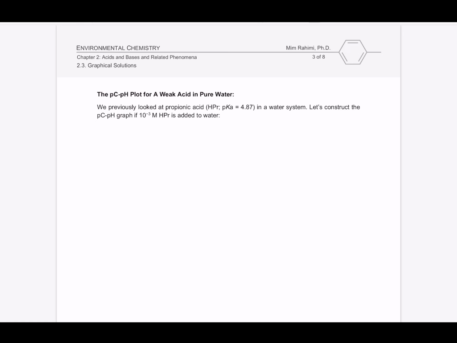So looking at the acid reaction, this is basically HPr, a weak acid, dissociating to Pr minus plus H plus, and then the Ka would be the concentration of Pr minus times H plus over HPr, again using concentrations, not activities, because we consider this an ideal solution for the sake of simplicity.